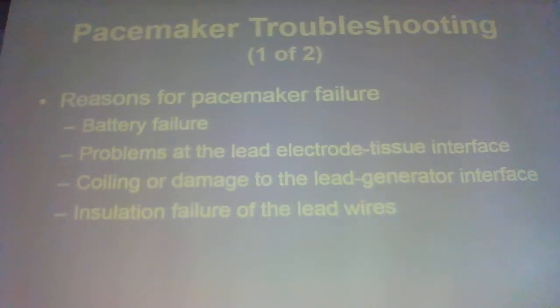Troubleshooting pacemakers. Why they fail. Typically it's battery failure. Usually that's a 10-year battery. Sometimes the leads come off, especially within 4 to 6 weeks after they put them in. Coiling or damage to the lead generator interface, so you move the wrong way and it becomes unplugged.